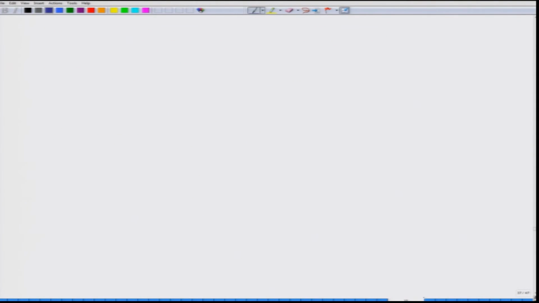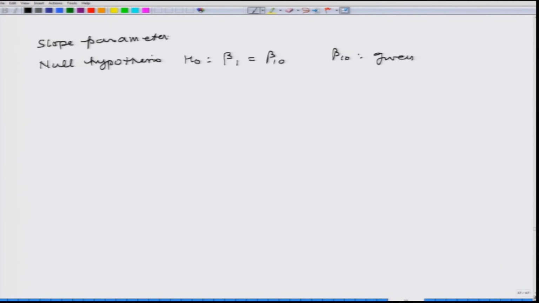Right. So, first of all, I consider the case of the slope parameter. My null hypothesis is H naught: beta 1 is equal to beta 1 0. This beta 1 0 is some given constant, and it is assumed to be known.